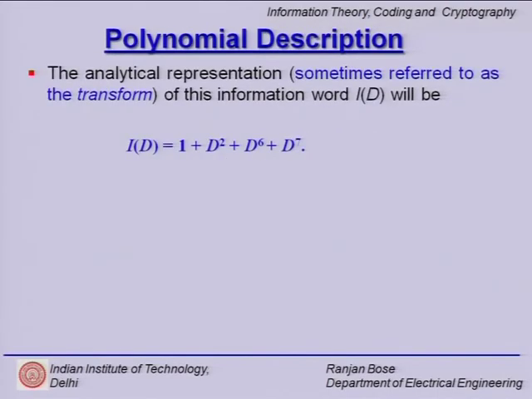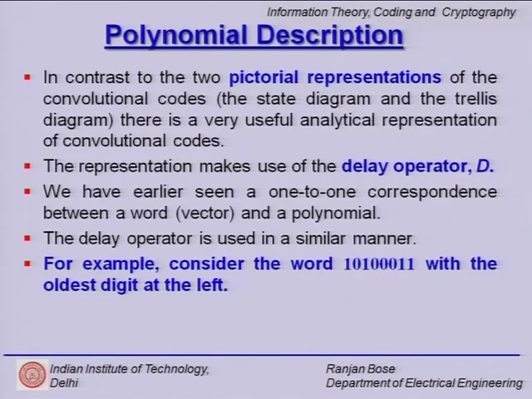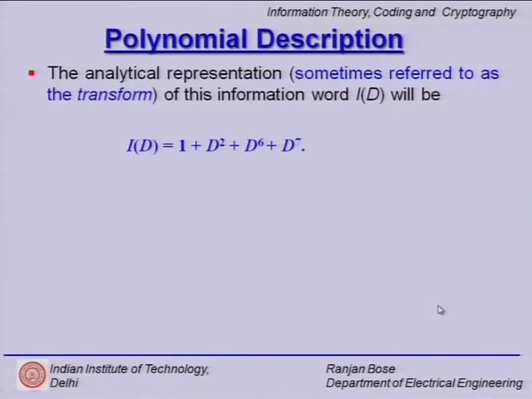So, we will have, for example, this 1 0 1 0 0 0 1 1 with the oldest digit to the left and the most recent digit to the right as it enters the convolutional encoder. The analytical expression, also sometimes referred to as the transform in terms of D, is the following. It is nothing but 1 0 1 0 0 0 1 1.